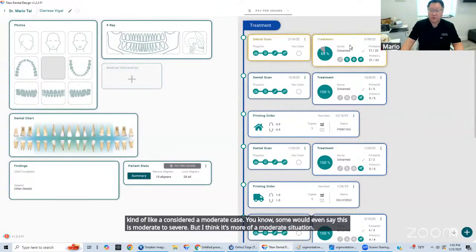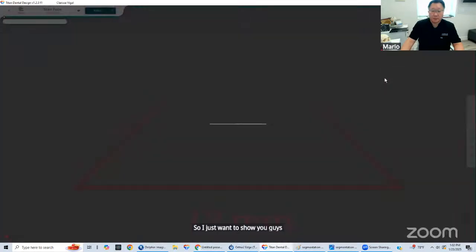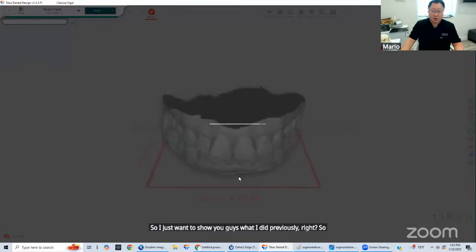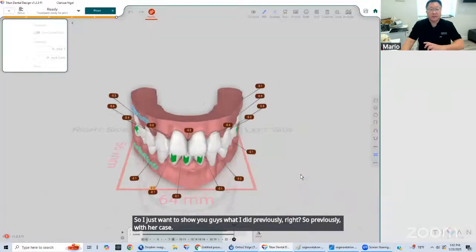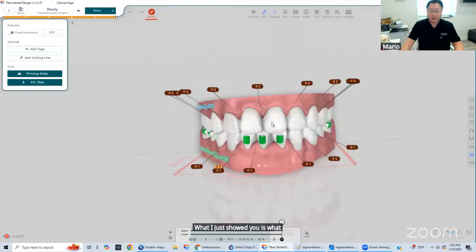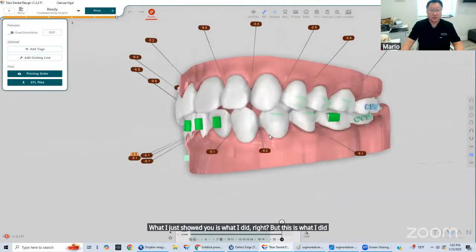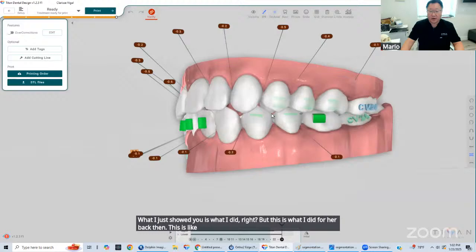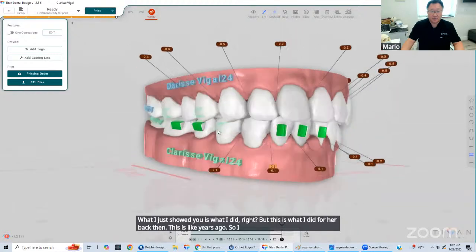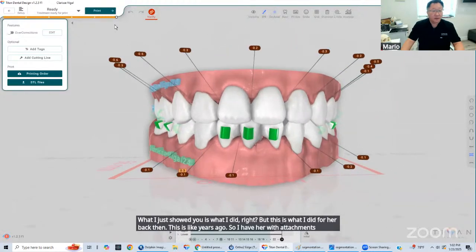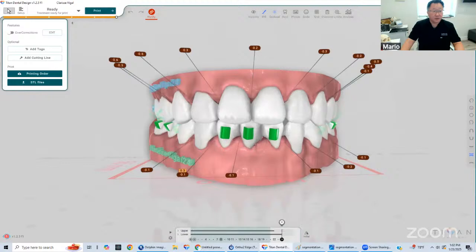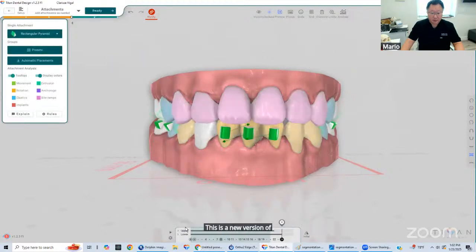So I just want to show you guys what I did previously, right? With her case, what I just showed you is what I did today, but this is what I did for her back then. This is years ago. So I have her with attachments. This is a new version of the software, so let me check on something.